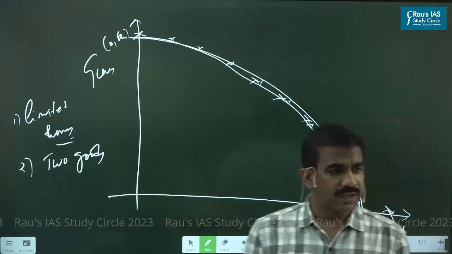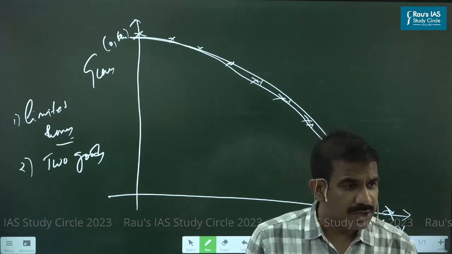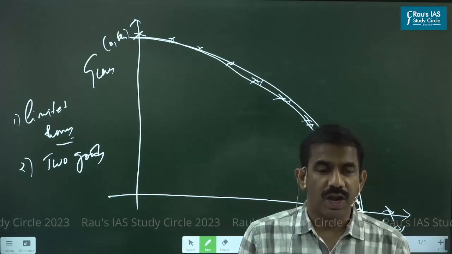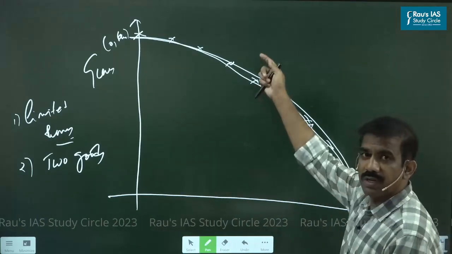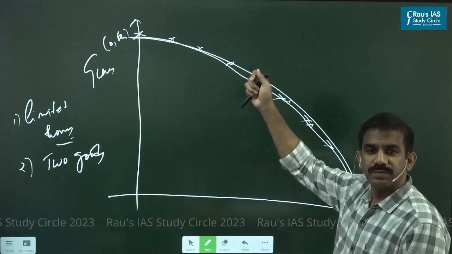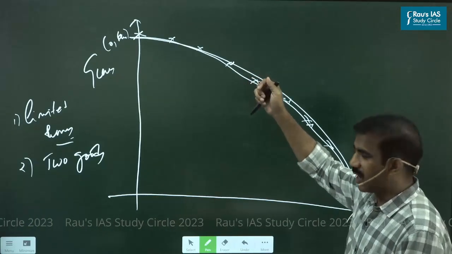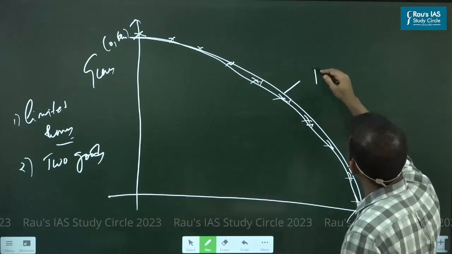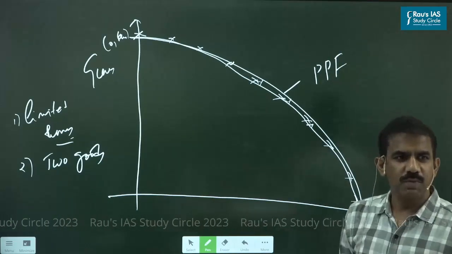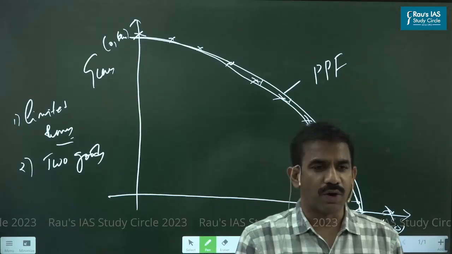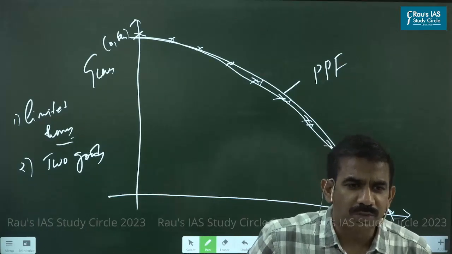And this is something we have discussed maybe in general studies, right? Now let me name this curve. Can someone simply name the curve? Yes, I would call this a production possibility frontier. In commerce, you might have done this, right?